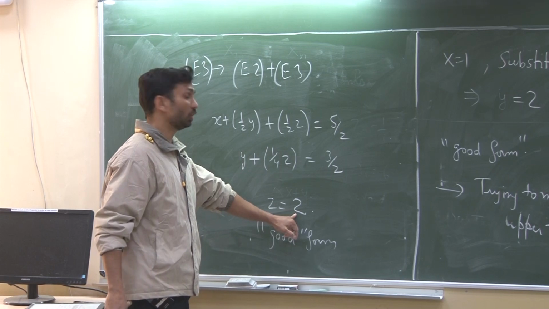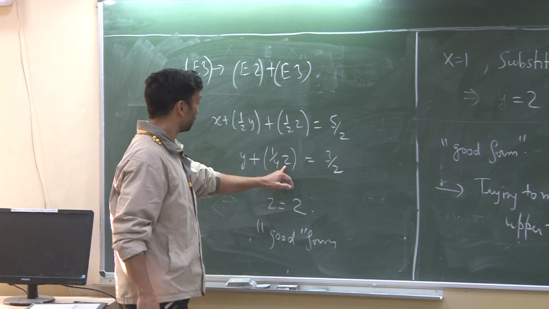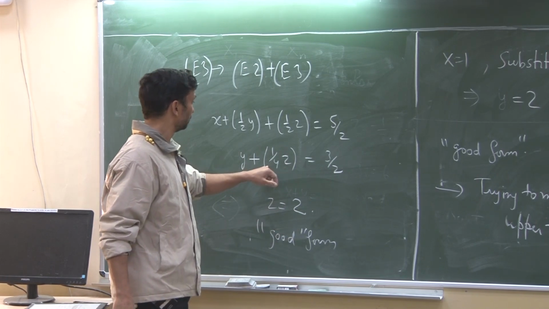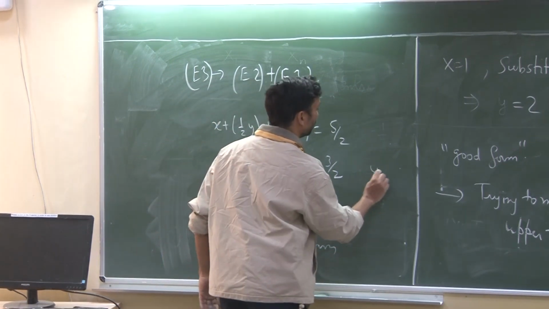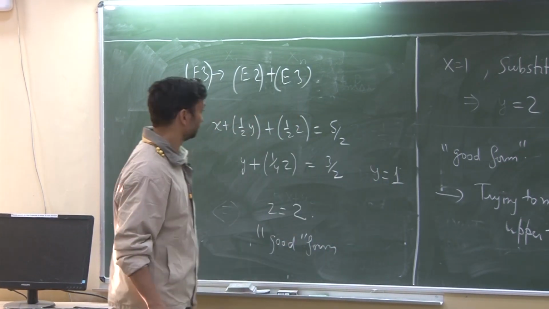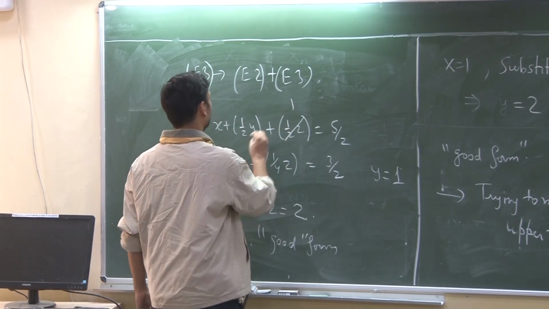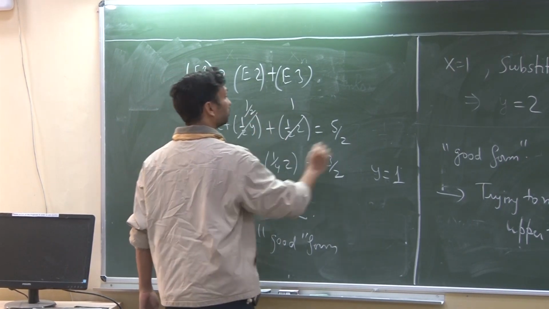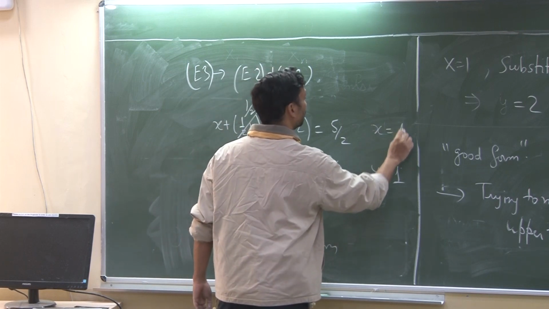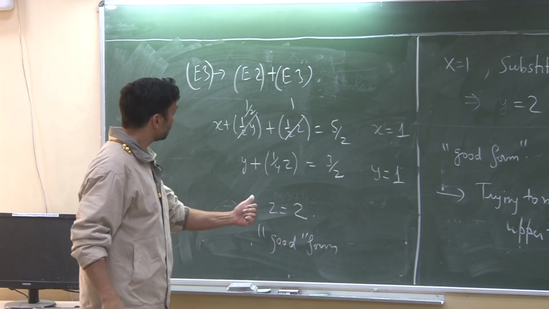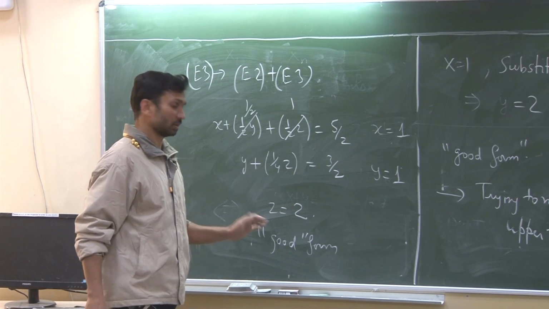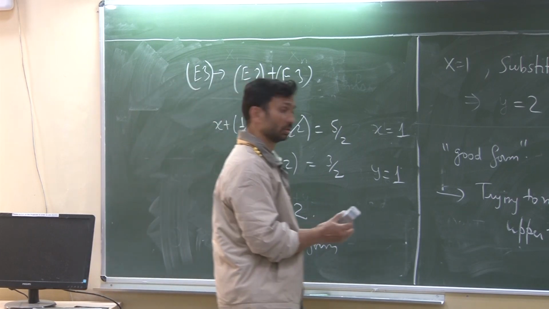Z is equal to 2. If I put Z is equal to 2 here, this will show that y is equal to 1. This will be 1. This will be half. So, by back substitution, I can solve everything.